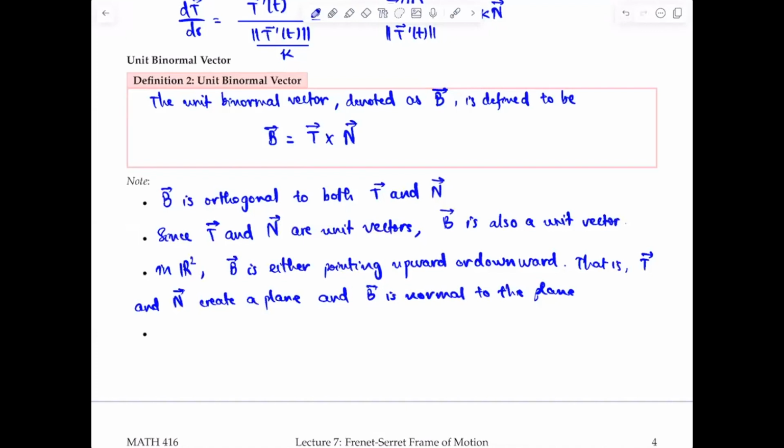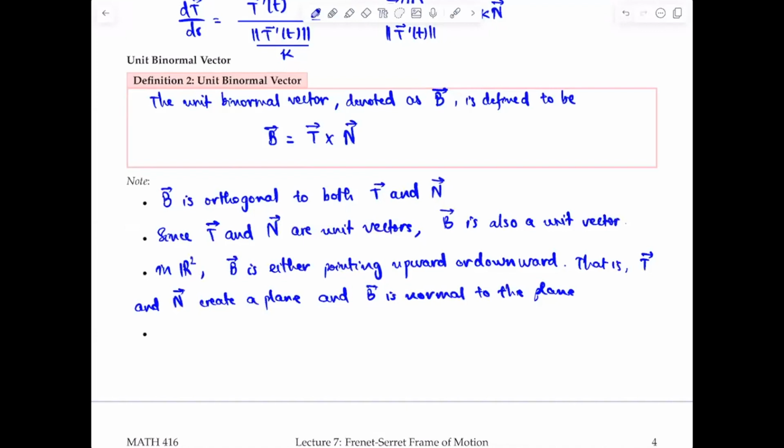From my point of view, this is counterclockwise. If it moves in the clockwise direction, the binormal vector is going to point down. So this illustrates the bullet point that the binormal vector in a plane curve is just pointing upward or downward.